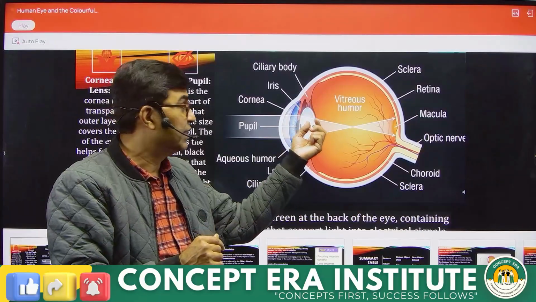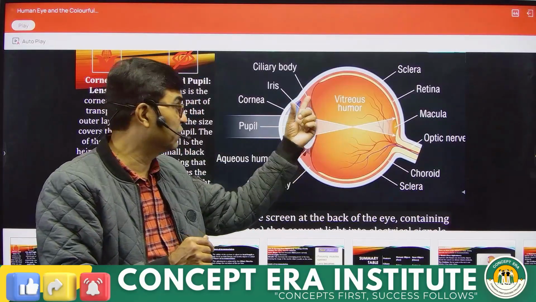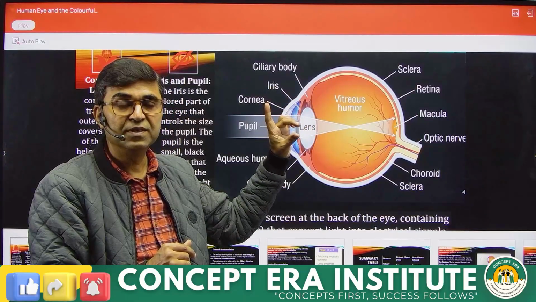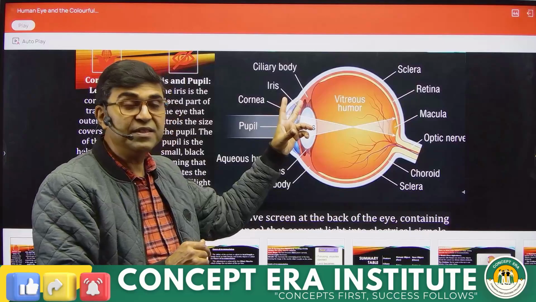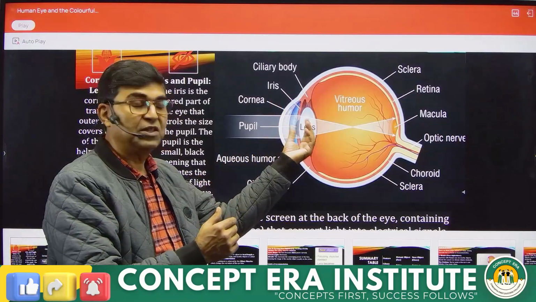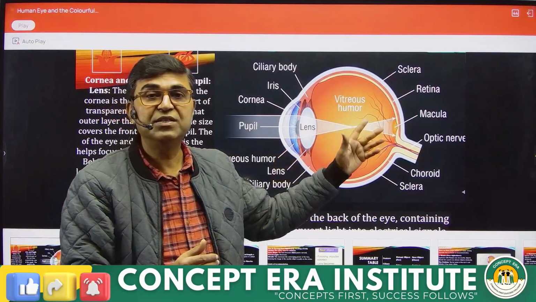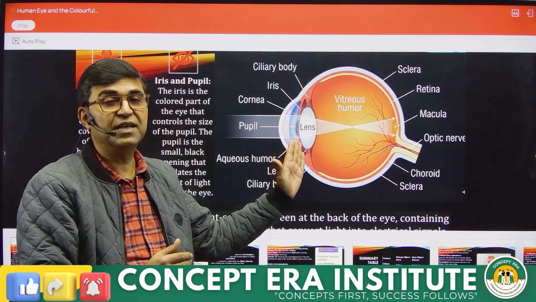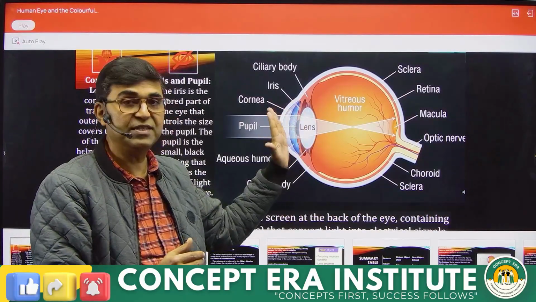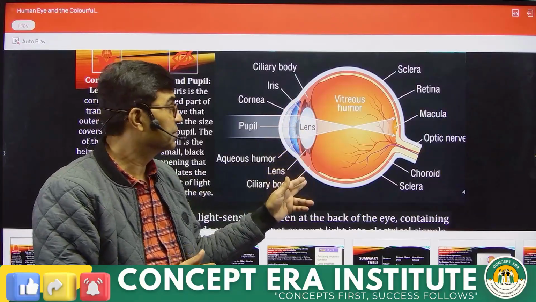In this way, the focal length or the effective radius of curvature, simply the curvature of the lens, is increased. And when these muscles relax, the lens becomes thinner and the radius of curvature becomes large, or we can say the curvature of the lens has decreased. Means it is now less curved. This is how the shape of the lens changes.